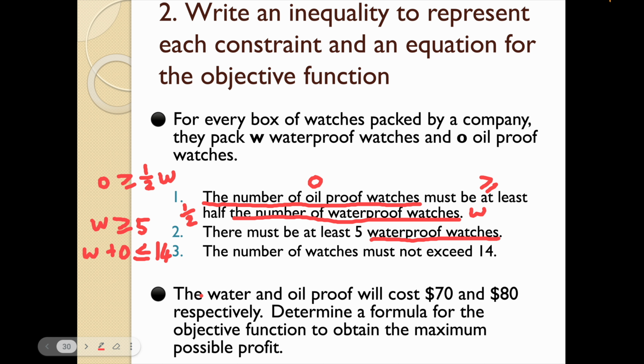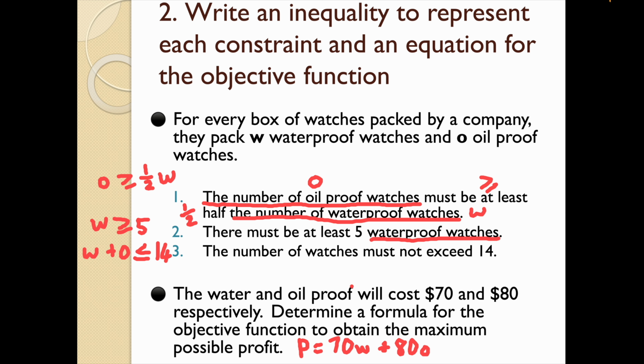Now we need to look at the profit objective function in this case. It says the waterproof and oil-proof watches will cost $70 and $80 respectively. Determine a formula for the objective function to obtain the maximum possible profit. So what's going on here is that we have $70, so profit is equal to 70 times W plus 80 O. Now how do I know that?